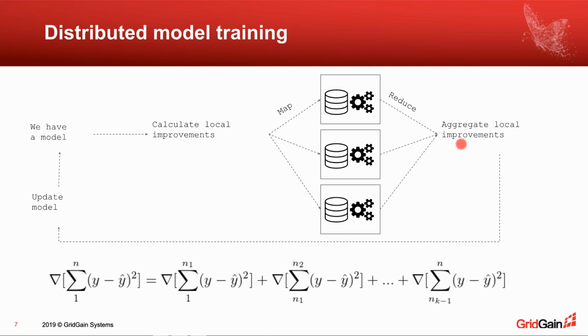And after that, we just aggregate it on the reduce step and update our model on the one node where we start our training. Basically, it's a really common scheme, and the implementation will be specific for each algorithm.